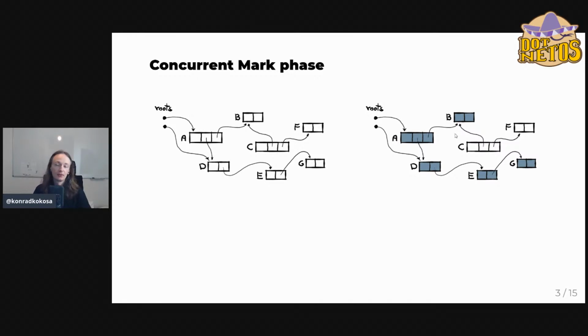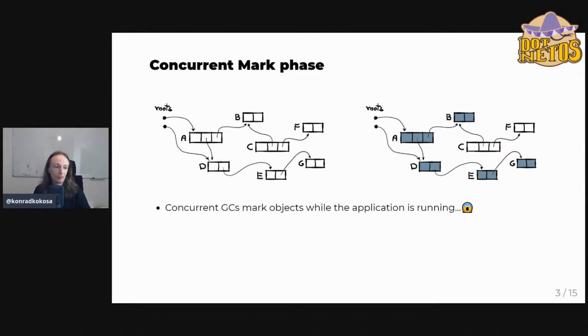And then the concurrent mark phase is another way of marking objects, which is done when the whole application is running. So the concurrent mark phase, as the name states, is about discovering the reachability of objects while the application is running, which means the concurrent GC needs to somehow mark objects while the references between objects are changing.